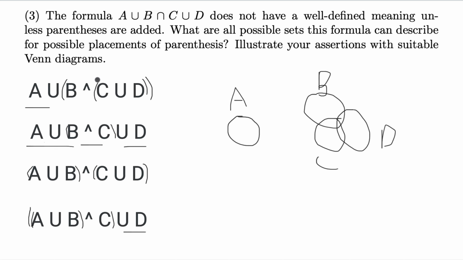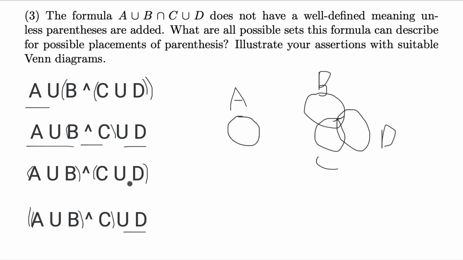And you'll see that you can highlight it in such a way that you have all of the elements that are in B and C and D, namely this little section in the middle. I'm sorry, C or D, so this whole section along this edge here. And union that against the whole set of A.